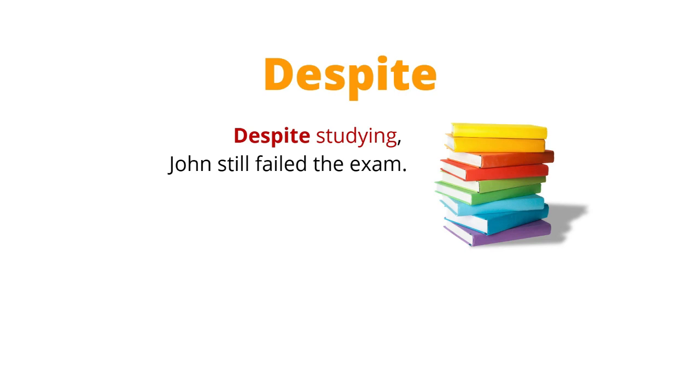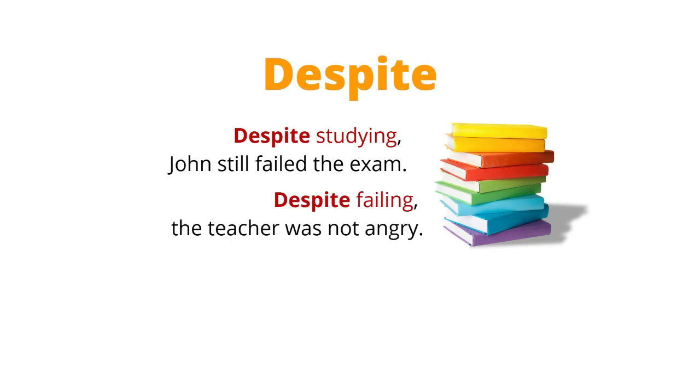Okay? Now look at this sentence. Despite failing, the teacher was not angry. Now, if we know that we're talking about John, and John failed the exam, maybe there wouldn't be a problem. But some people might see this sentence and it is a bit ambiguous, because John is not mentioned in the sentence anywhere.